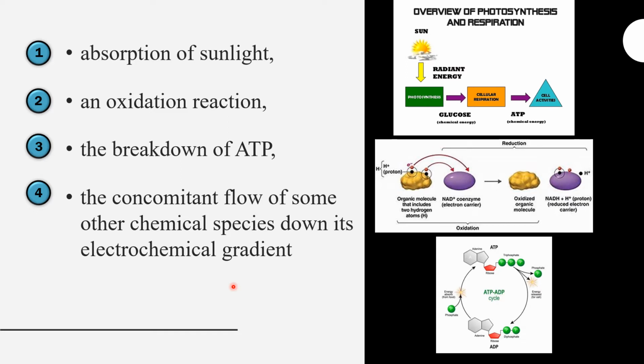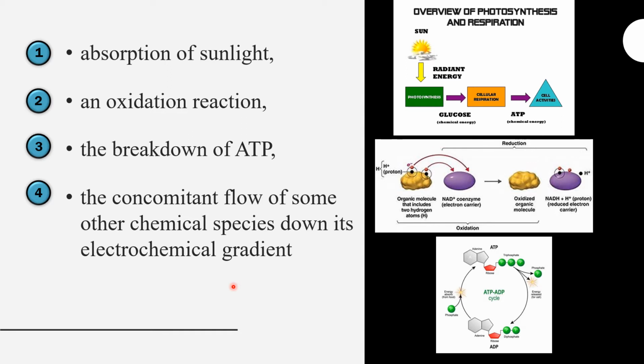So this secondary source of energy is nothing but the electrochemical gradient. Electrochemical gradient means the difference in the concentration of ions and difference in the charge. Electro is related to charge and chemical is related to ions. So when protons are transported by active transport into the periplasm, it increases the concentration of protons in the periplasm, and protons are positively charged.